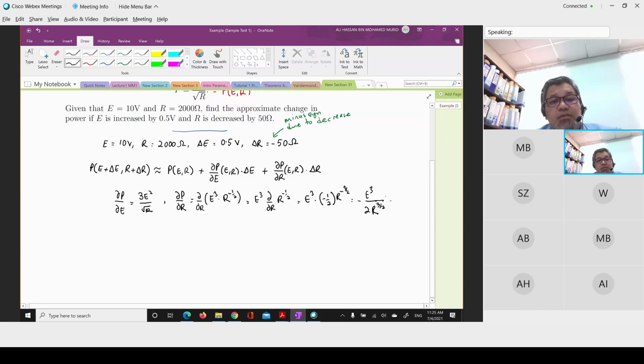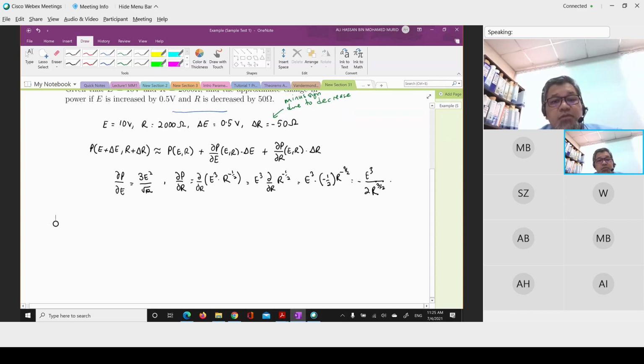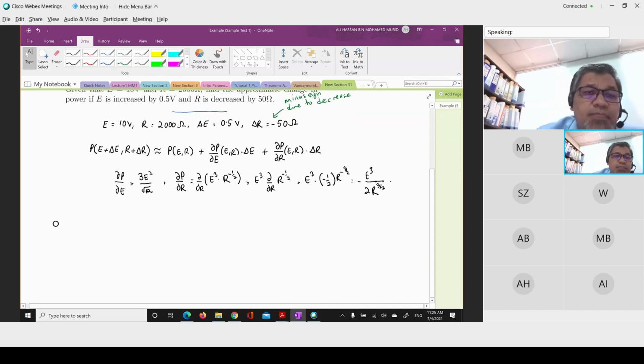Now we have found those two partial derivatives. So go back to the approximation formula.